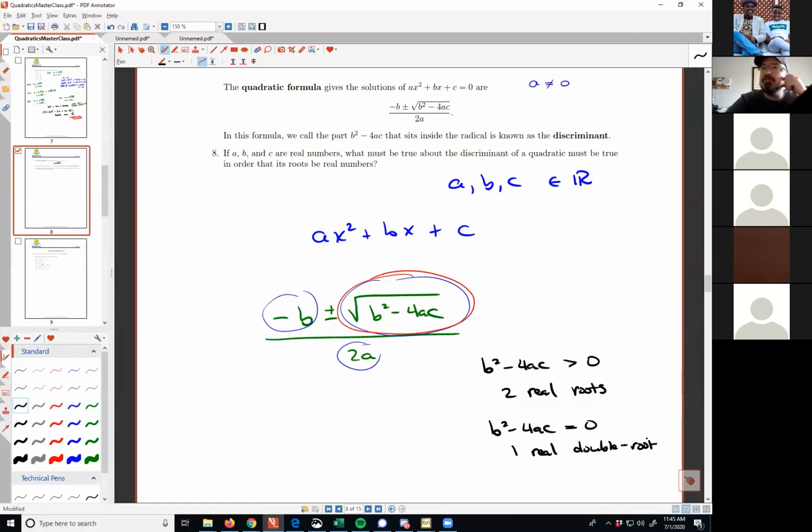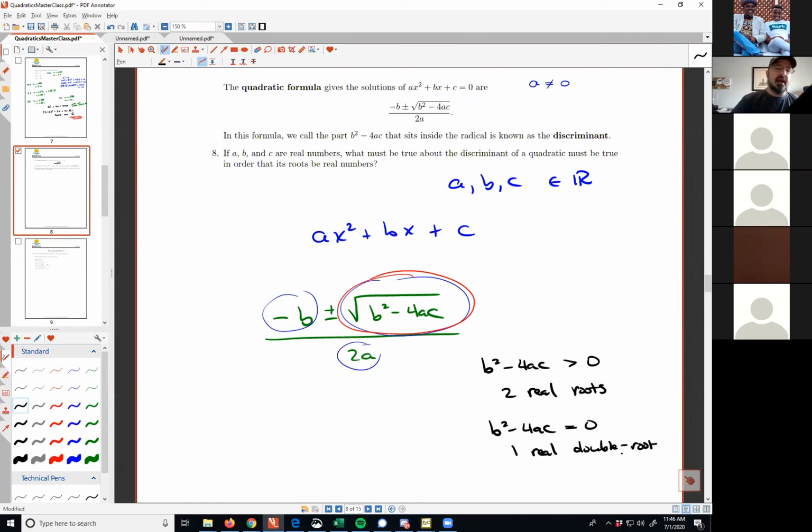We want to count those multiple times, and this keeps the language that we use in polynomials justified or balanced, so that we can say that every quadratic has 2 roots. We go, well, wait, x squared equals 0, that just has 1 root. But no, we say that it has 1 root twice, is the way we count it. That way we can make a statement like every quadratic has 2 roots.